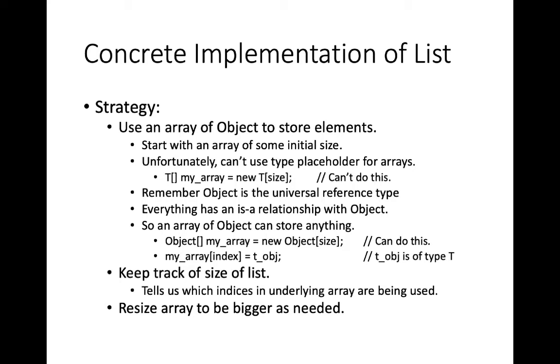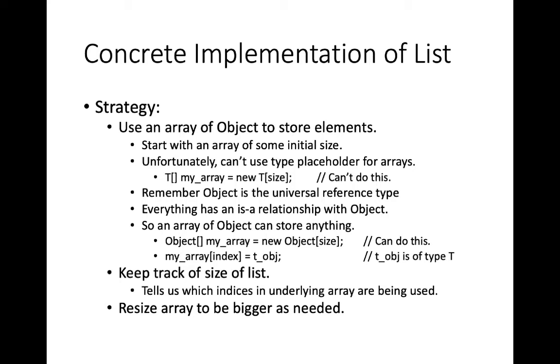So the array is always going to be bigger than my list. It kind of has to be. If that's my storage for the list, then it has to be at least as big as my list. But it's probably going to be even bigger because I don't want to be resizing my array all the time. So I'm going to make it bigger than I need at first, and once I run out of room, I'll remake it, copying the old stuff into a bigger array. But I'm not going to make a bigger array just by one.